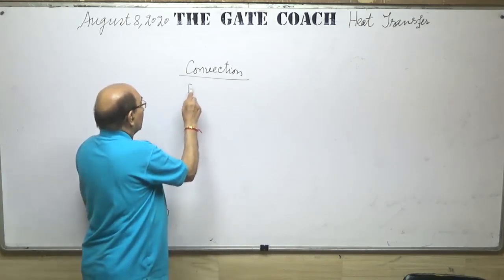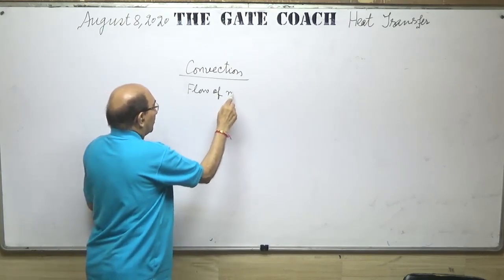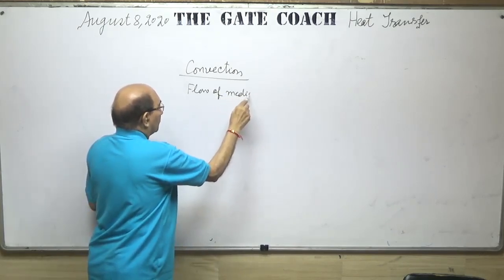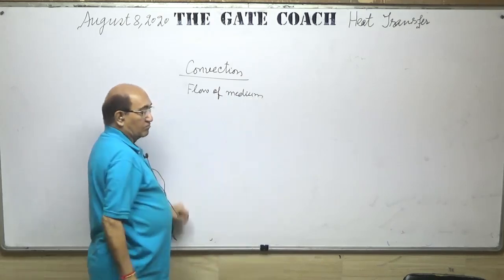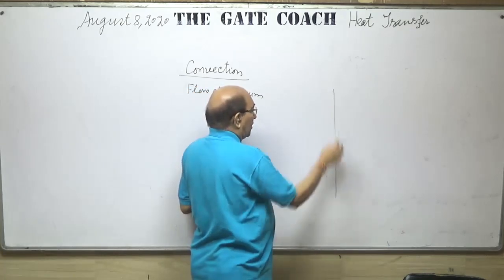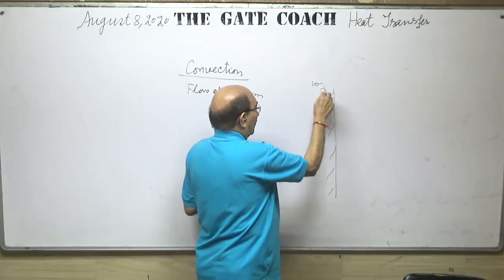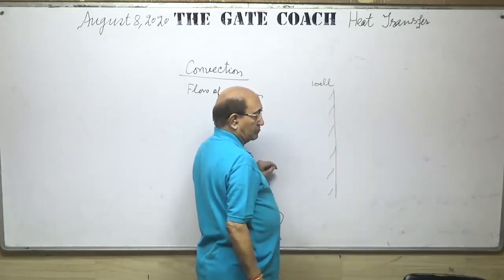In convection, there should be flow of medium. That means, imagine that this is a wall.